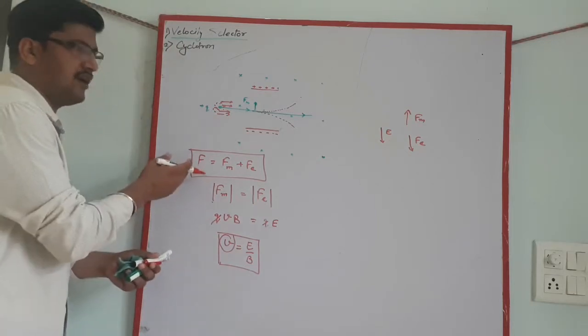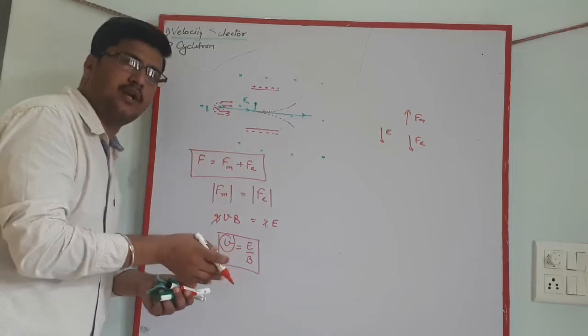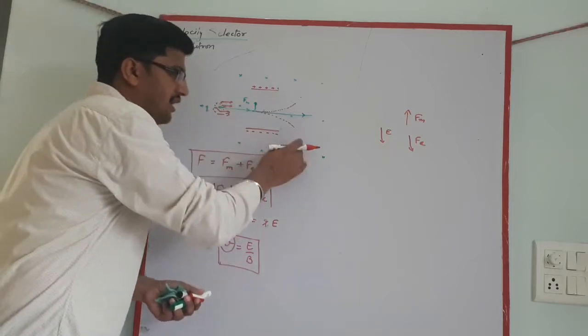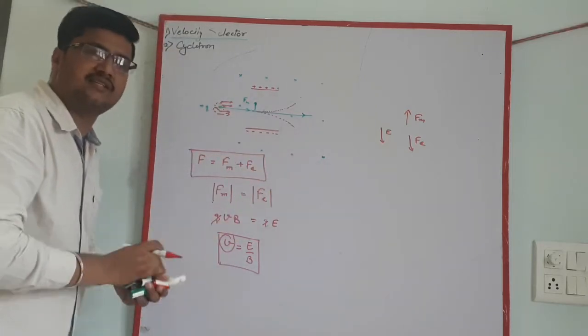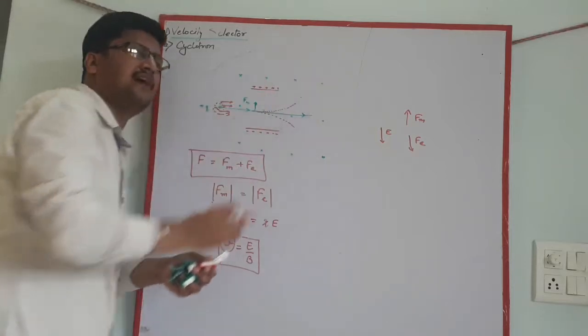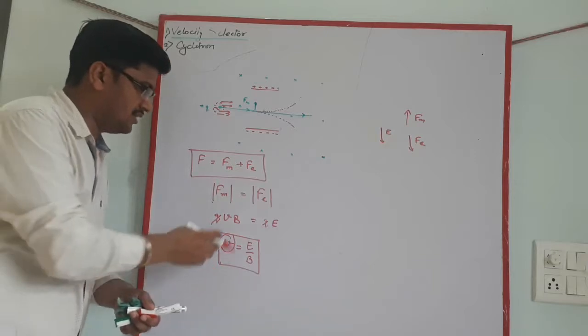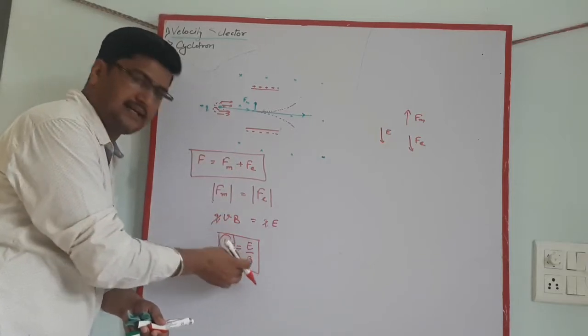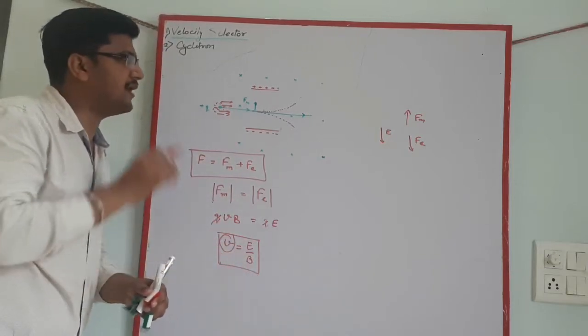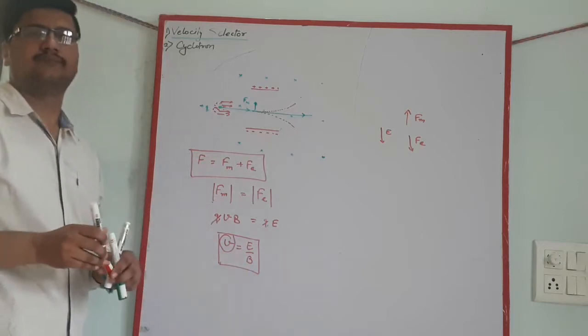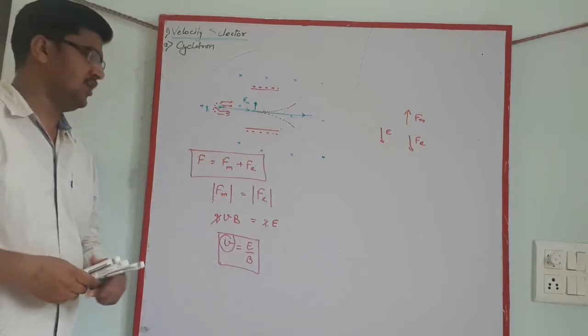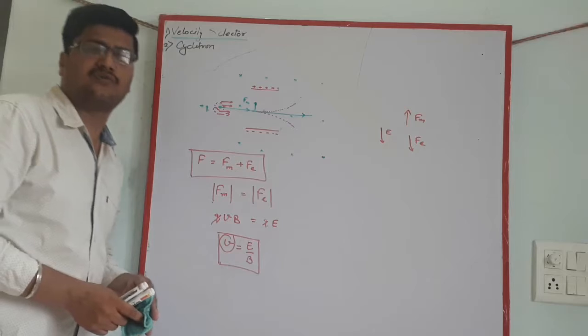Charges for which v is small get deflected toward the electric field. Those for which v is large get deflected toward the magnetic field, opposite to the electric field. But for which the value is equal to this set value, the charged particle moves undeviated. So that's why we call this a velocity selector.